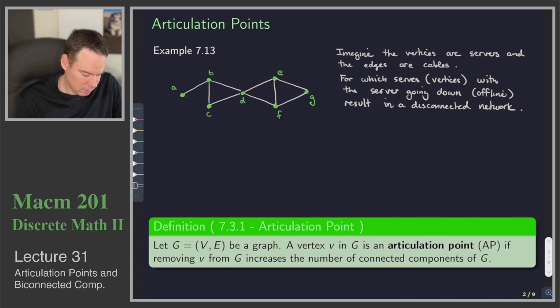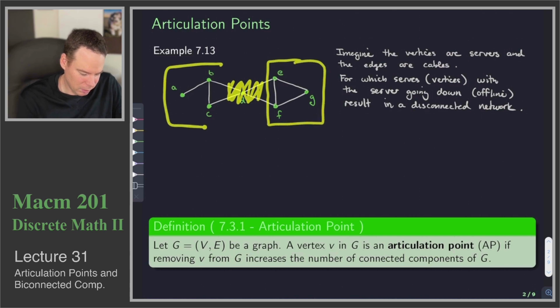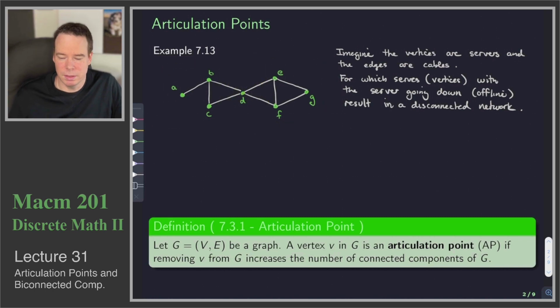You look at the network and you say, oh, D is definitely a problem. Because if that server went down, then all the communication that's going into that server and then out of it, that'll all be lost. And so we get that this part of our network no longer has the ability to communicate with this part of our network. And so that's an issue. So this is a very vulnerable spot in our network.